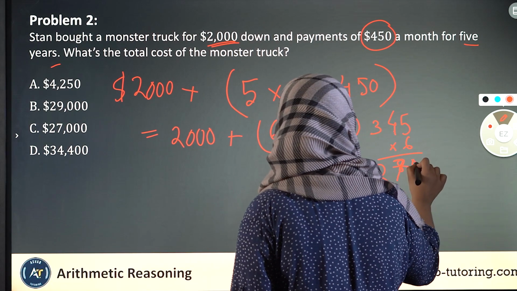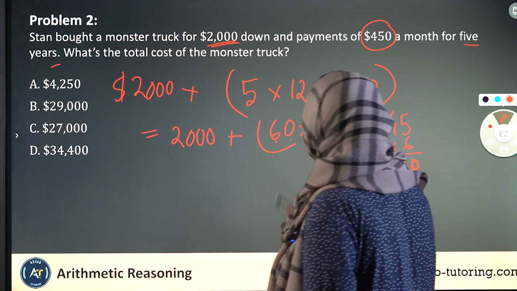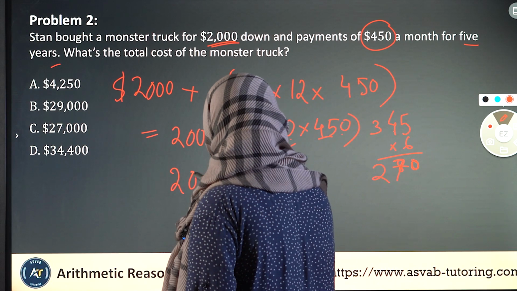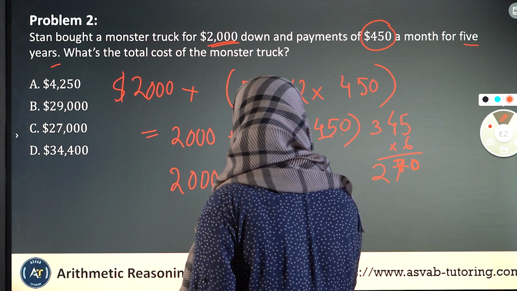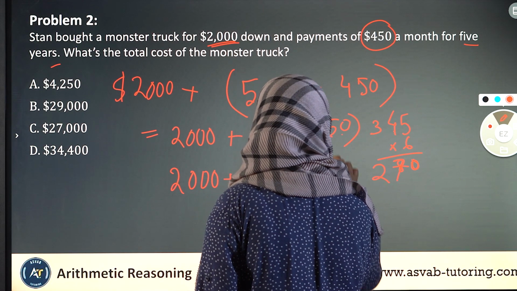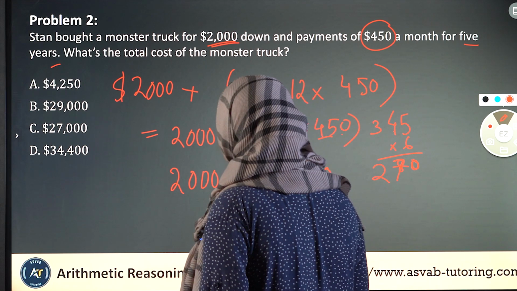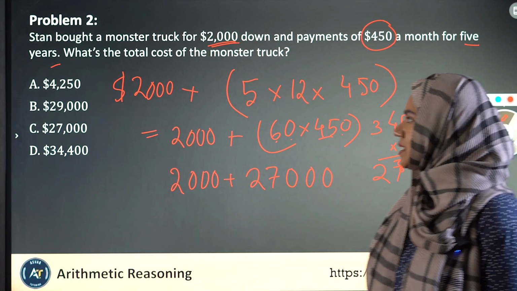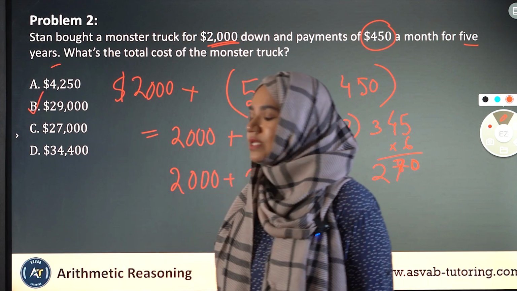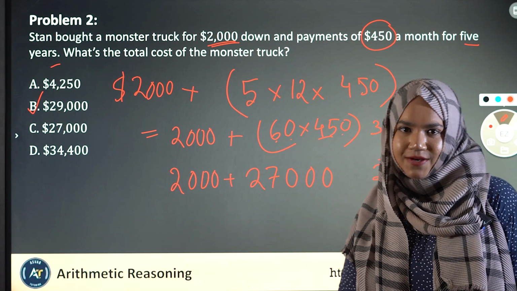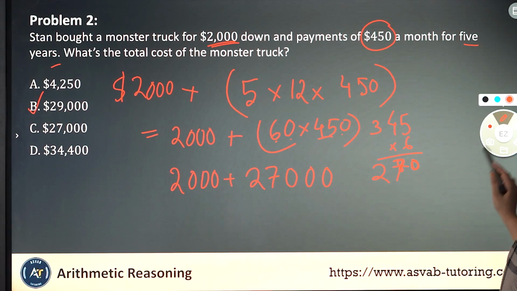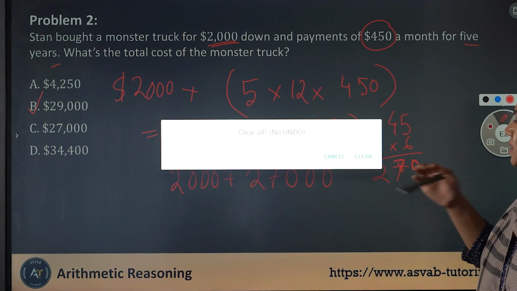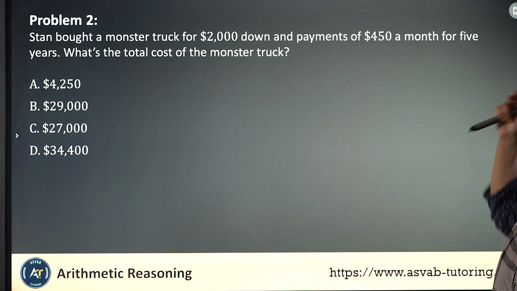So that's 270, and then we have 2 more zeros here. So that's 27,000 added to 2,000, which means that the correct answer to this is 29,000. Hope you got this one right as well. Let's move on to problem number 3.